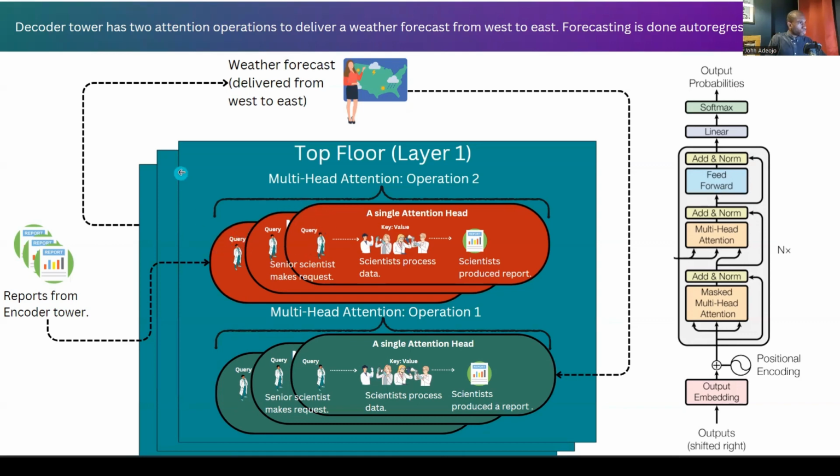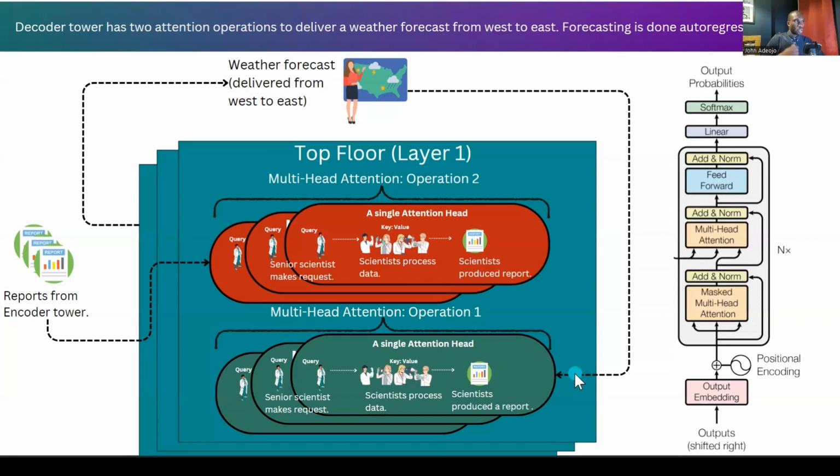So that is propagated down the floors of the decoder tower, right? So we're propagating the output of that attention head all the way down to the ground floor, and then a weather forecast is delivered. Now, where the decoder is different is that that forecast is actually fed back in.